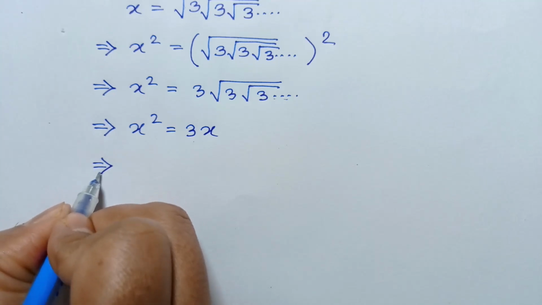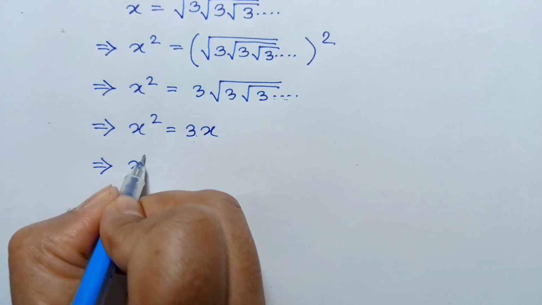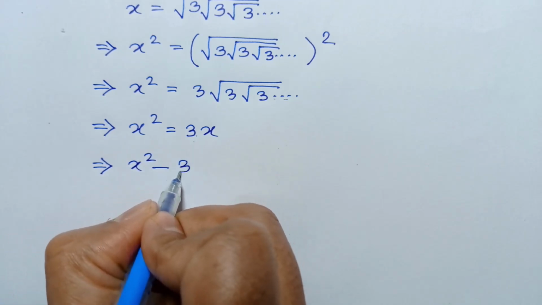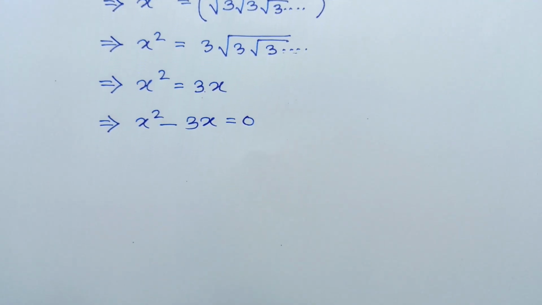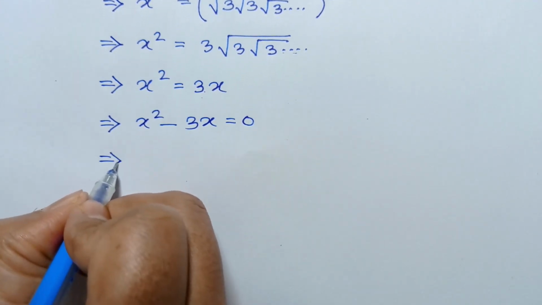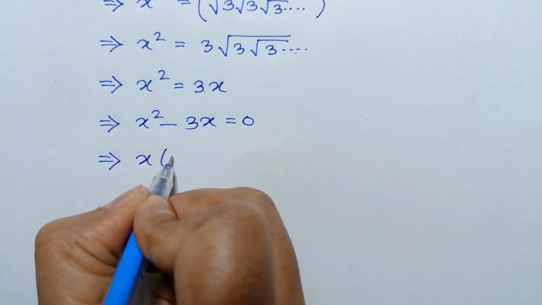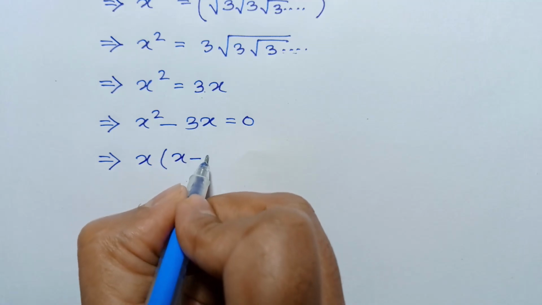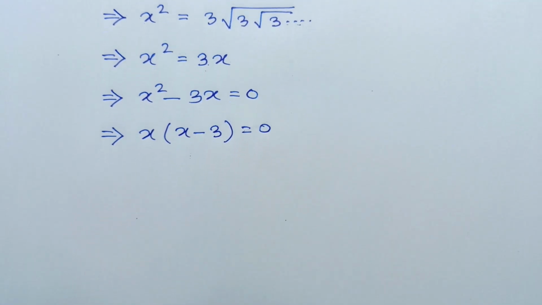Taking 3x to the left side, we can write x² − 3x = 0. Taking x common from the left side, we can write x(x − 3) = 0.